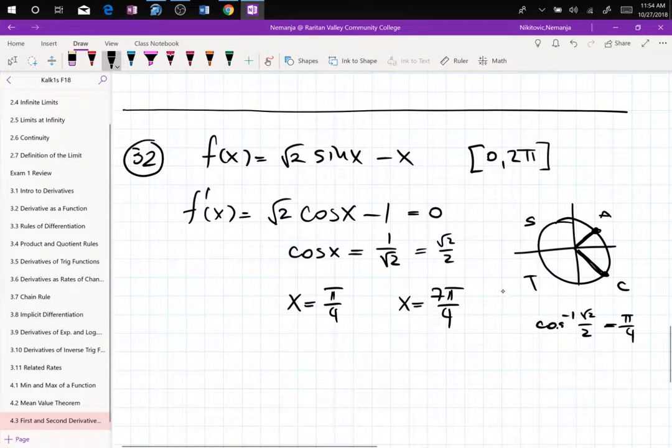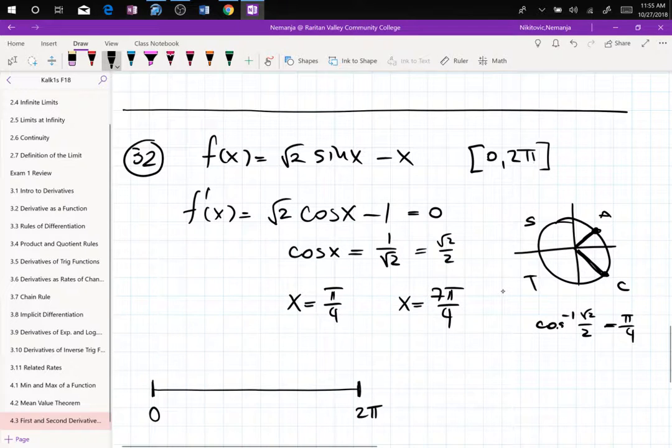So this is what I have. Now note that my endpoints are 0 and 2 pi, because the domain was given to us.